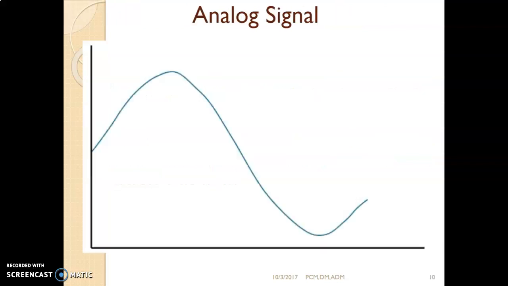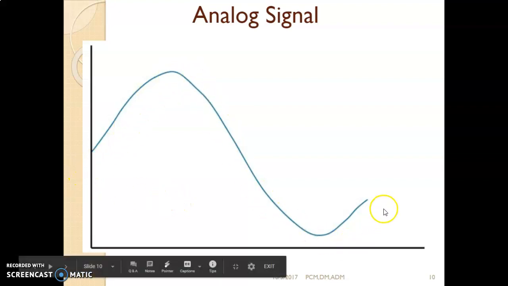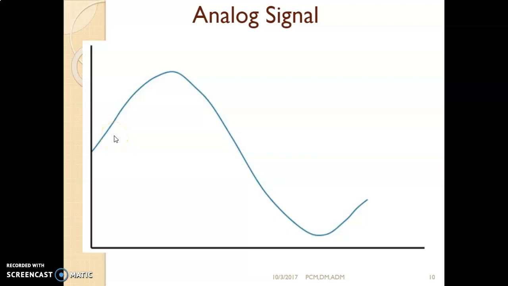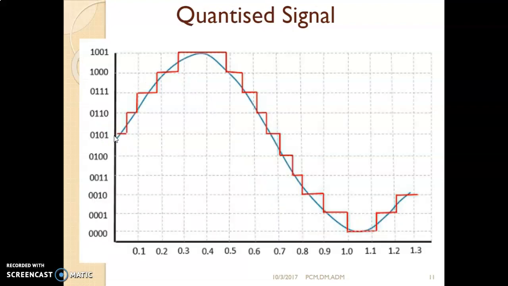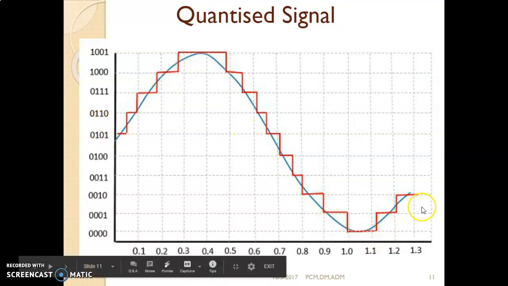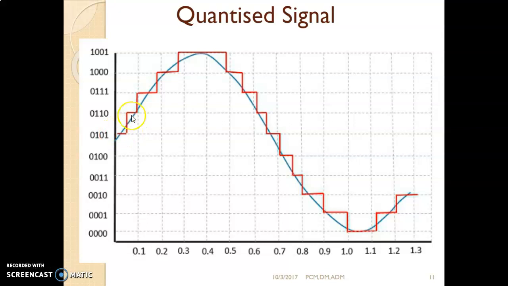If we consider an example of an analog signal, this is a random sine wave, or the analog signal, drawn. After sampling and quantizing, the signal will look like this. The blue line corresponds to our analog signal. The red line indicates the quantized signal after sampling.